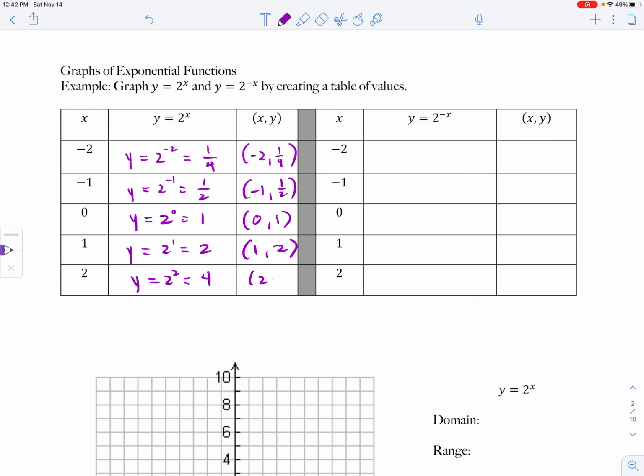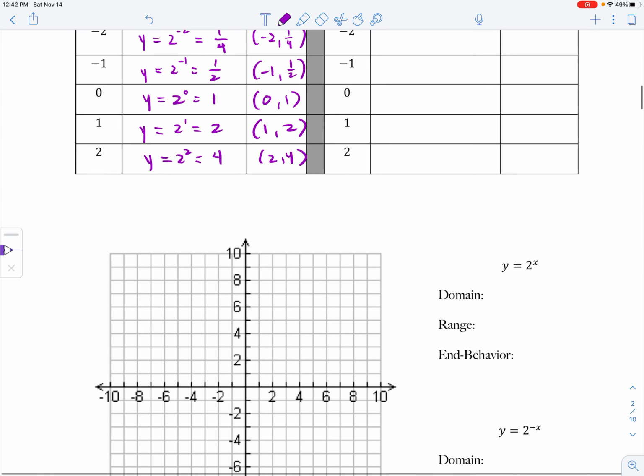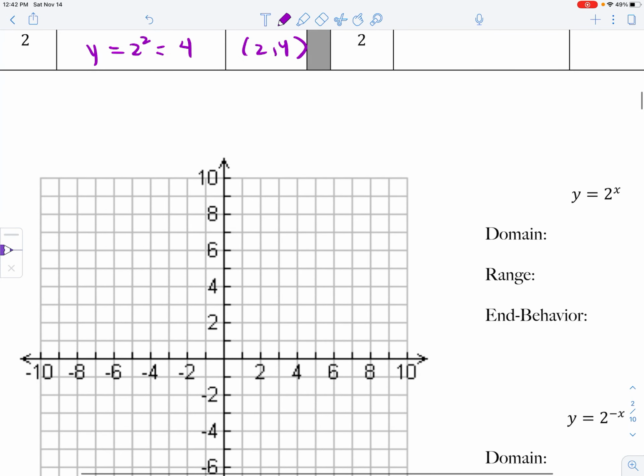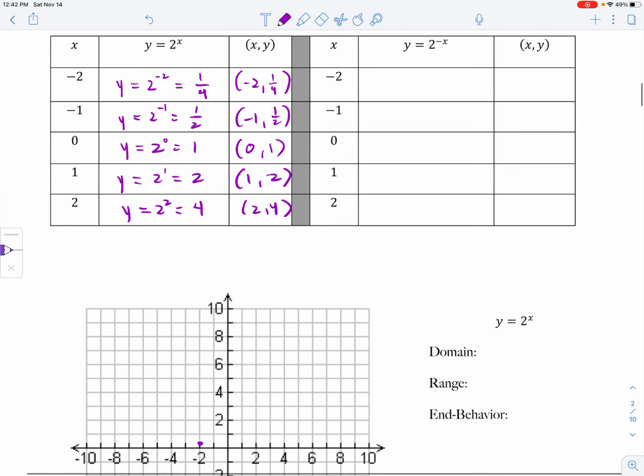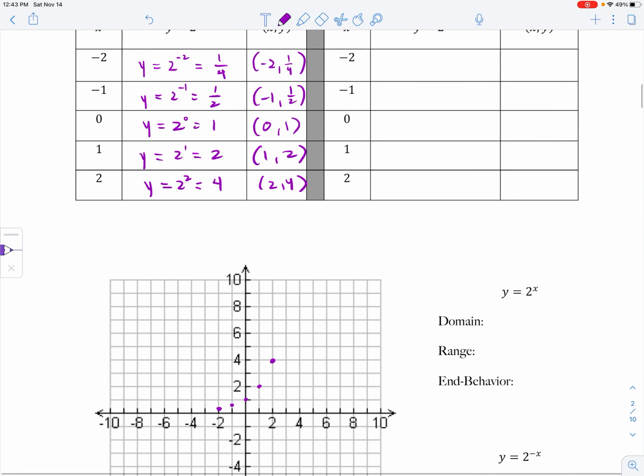And 2 to the 1st is 2, and 2 squared is 4. So I can plot those points: -2, 1/4; -1, 1/2; 0, 1; 1, 2; 2, 4.